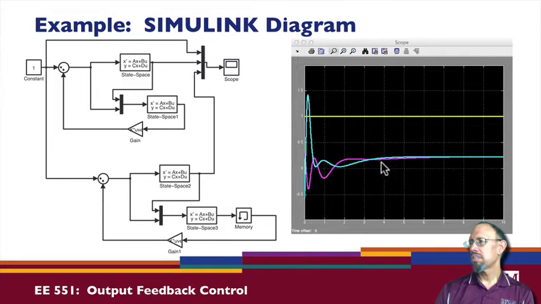The magenta is this one, and the cyan is this one. We can see that we have a more radical response when we use a reduced order observer, more radical peaking. Remember, we had a mismatch of initial conditions, so the observer had to catch up, and then eventually they both settle out to the same value.